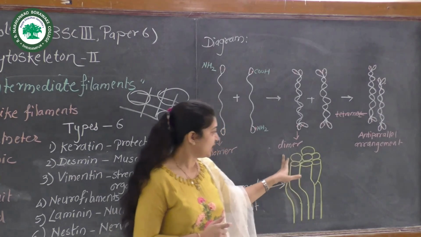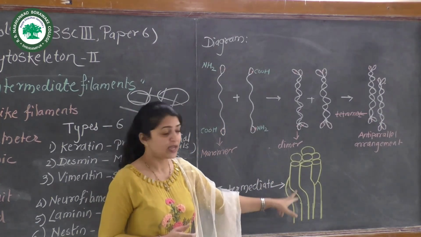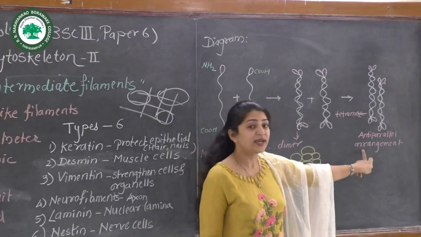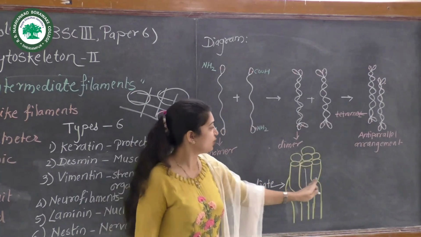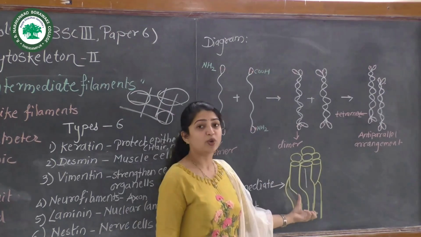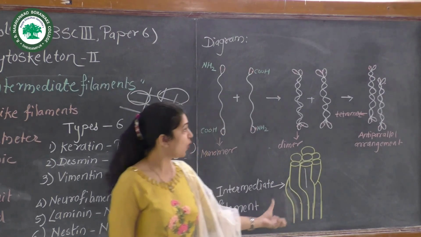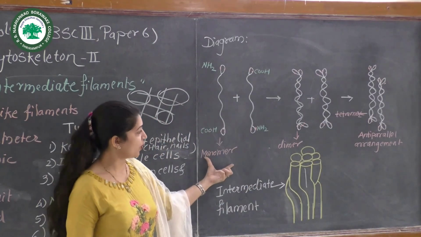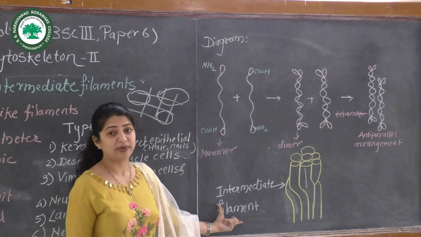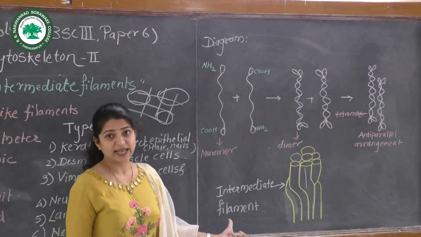In this structure, these tetramers are put together, and different tetramers form together a rope-like structure. So hope you have understood that from a single monomer, dimer, tetramer, a rope-like intermediate filament structure forms.